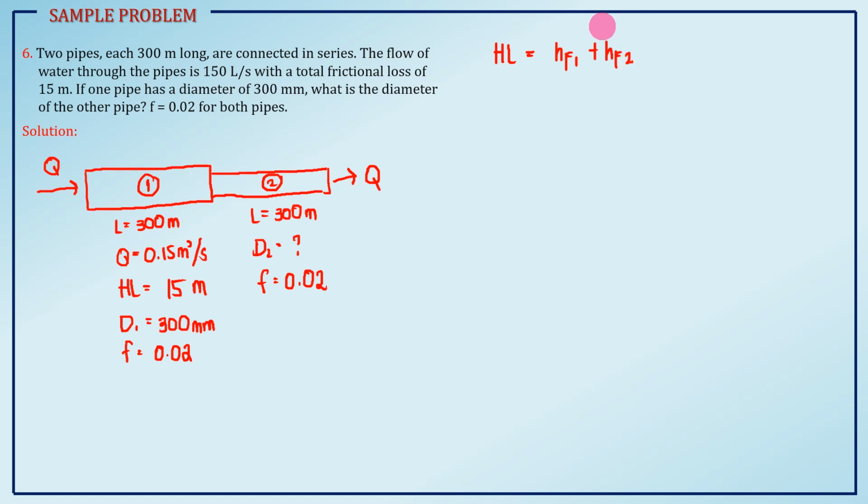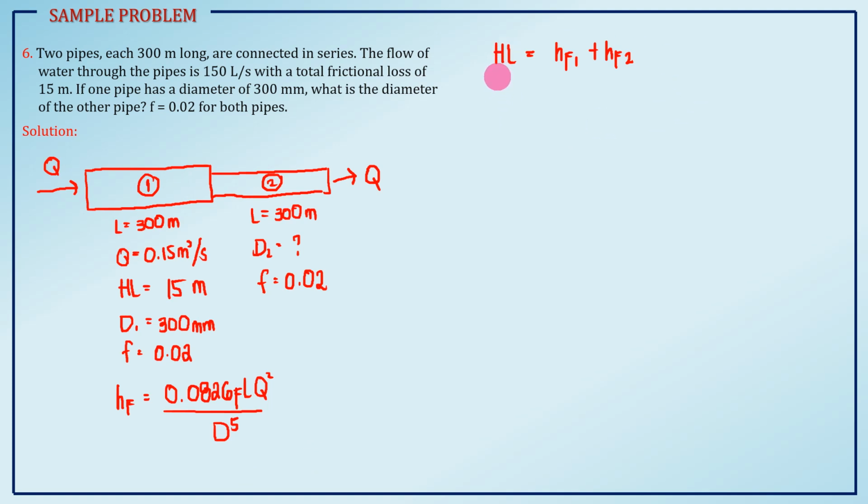Okay. So, what is HF1 and HF2? So, it follows the equation ng major head loss natin. Since given tayo ng friction factor, Darcy-Weisbach, 0.0826 FLQ squared over D raised to 5. Ayan. So, let's substitute the given na properties ng pipeline natin to have the equation here.